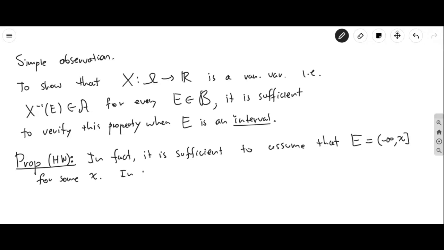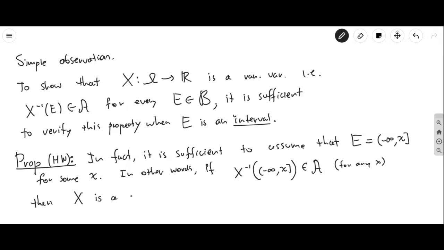In other words, if the inverse image of this is in the sigma algebra for every x, so no matter what x you pick, then the conclusion is x is a random variable.